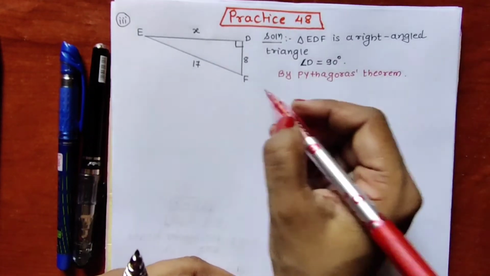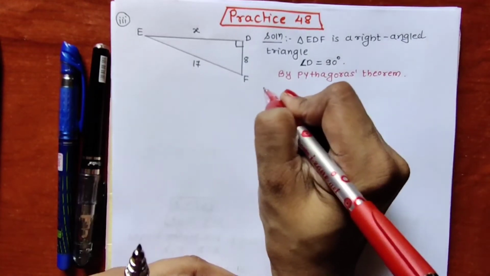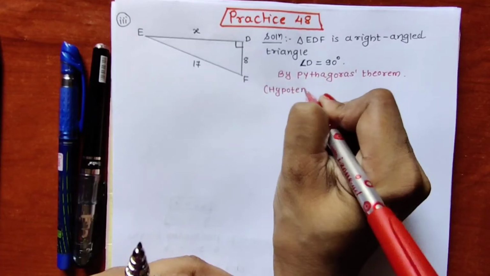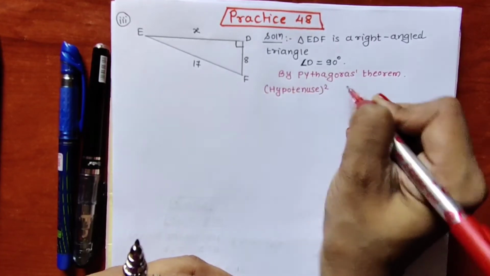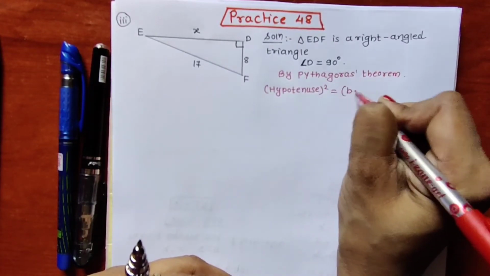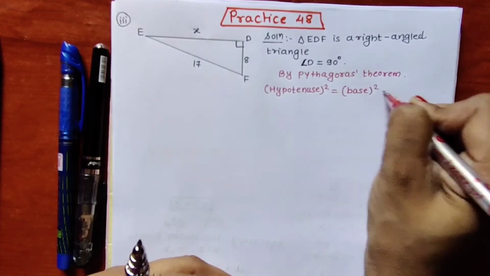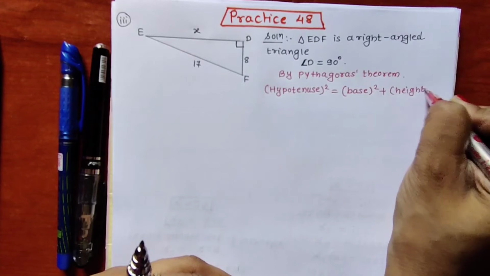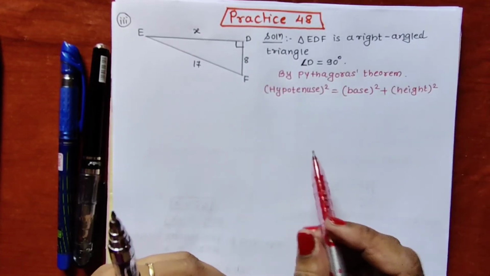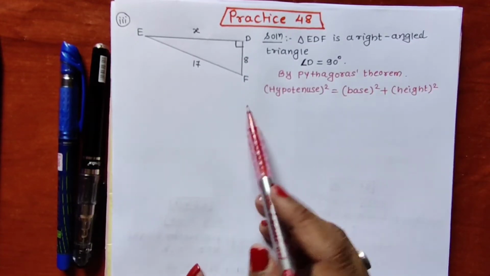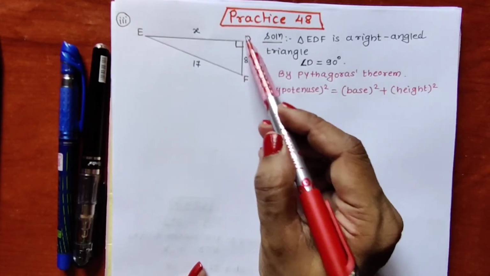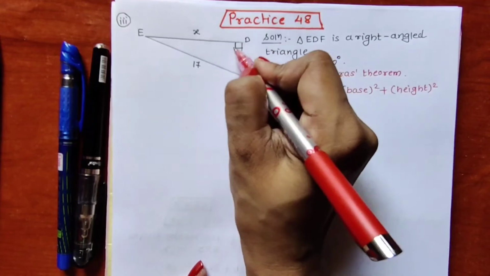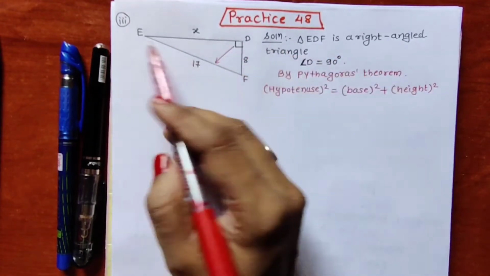Now after writing by Pythagoras theorem, we should write the formula. Hypotenuse square is equal to base square plus height square. Now see in this diagram, D is right angle, so side which is exactly opposite to D is side EF.